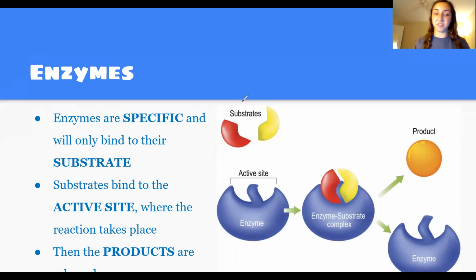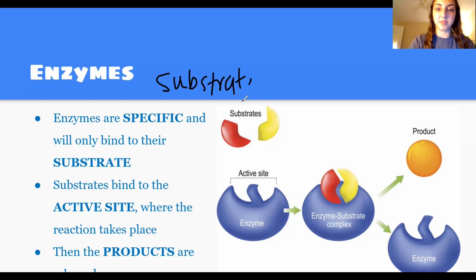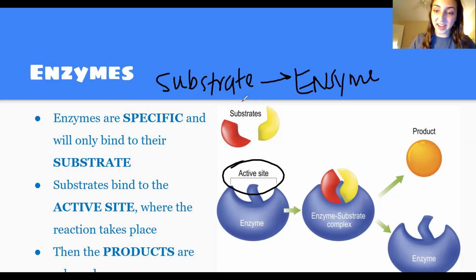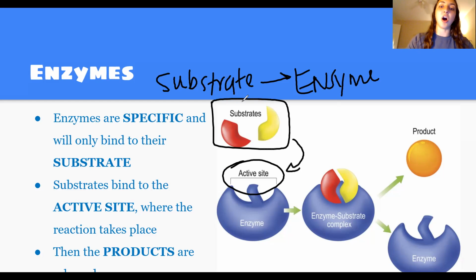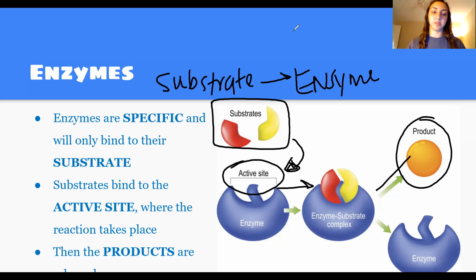Enzymes are specific to a substrate, and a substrate will only bind to the active site of an enzyme. The substrate binds to an enzyme, and the enzyme has what is called an active site. So you have the key and you have the lock, and once you get the right combination, you get what we call the products.